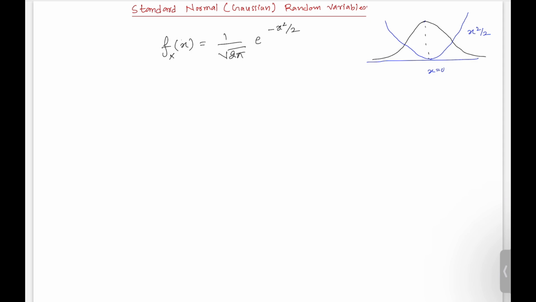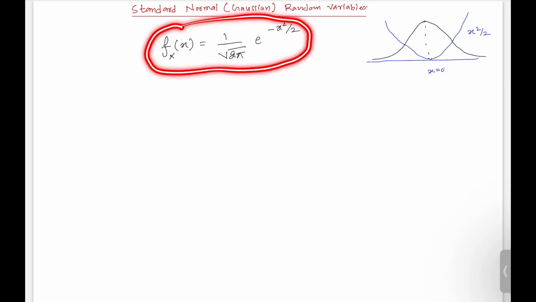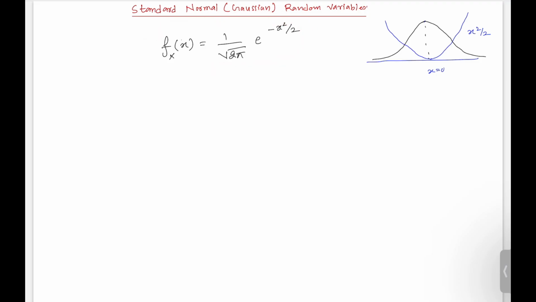This is a rough sketch of this probability density function. So you will have the idea that this PDF has a plot that looks like a bell curve, and it is symmetrical around x equals 0, right?